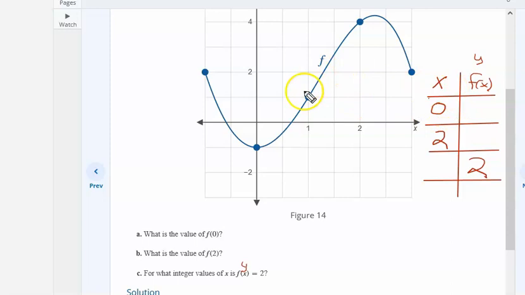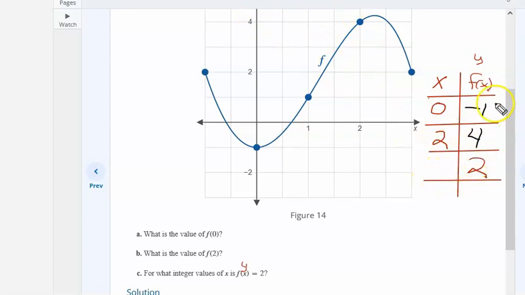So if x is 0, right here, y is going to be negative 1. If x is 2, right here, I see over here they have these units as 1, 2, and here this is 0.5, 1, 1.5, 2, so that's a little confusing, but it's this 2. Y is going to be 4.